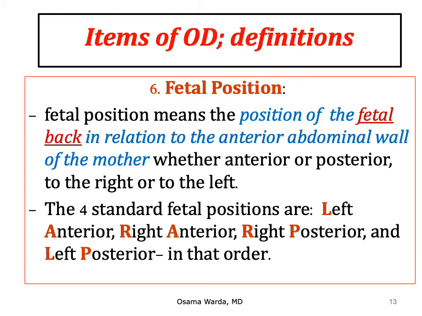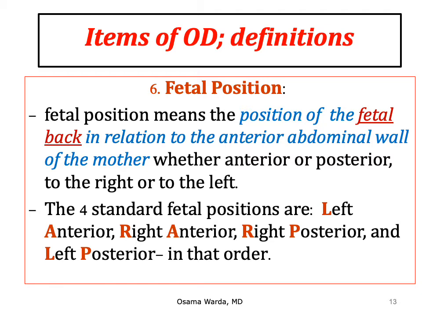We have 4 standard positions. In the first standard position, the back is anterior and to the left. In the second standard position, the back is anterior and to the right. The third standard position, the back is posterior and to the right.